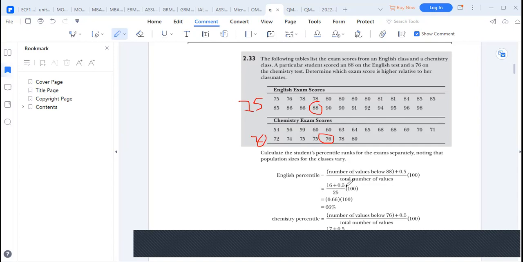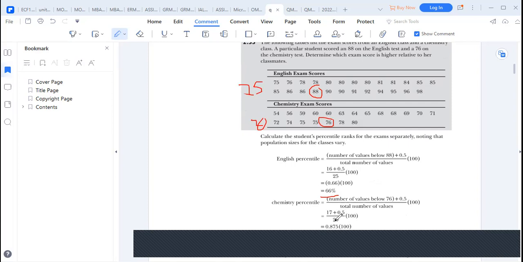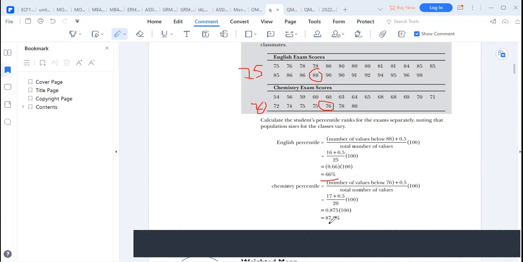So 16 plus 0.5 over 25 times 100, we get 66%. And for this one, 1, 2, 3, 4, 5, 6, 7, 8, 9, 10, 11, 12, 13, 15, 16, 17. So we have 17 plus 0.5 over 20 times 100. We get 87.5.